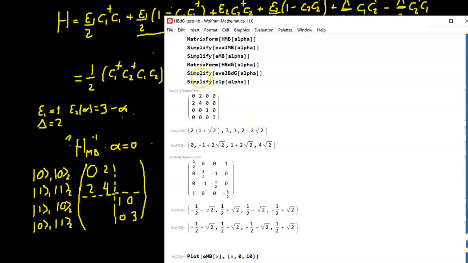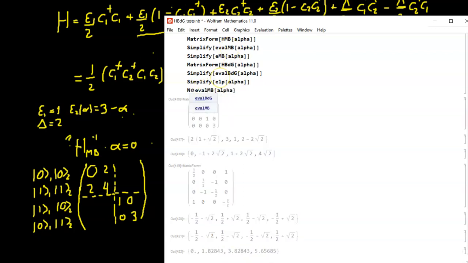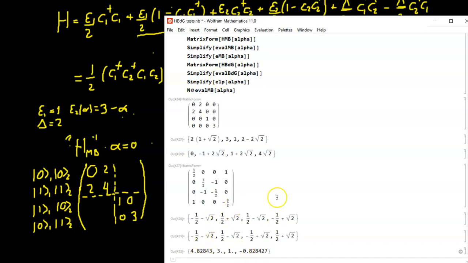It's E many body of alpha, at alpha equals 0, and yes, this is minus 0.82.